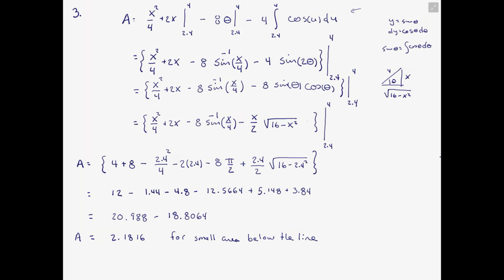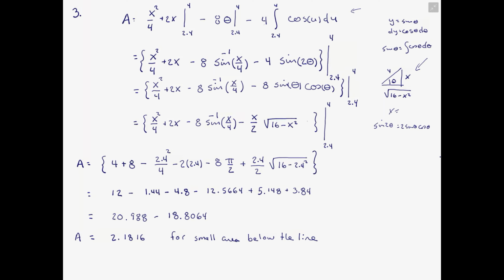Well, we don't know what sine of 2 theta is, so we use a trigonometric identity that sine of 2 theta is equal to 2 sine theta cos theta, and we use that as a representation, and then we go back to our original definitions.